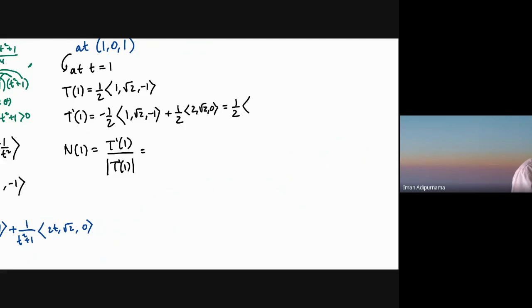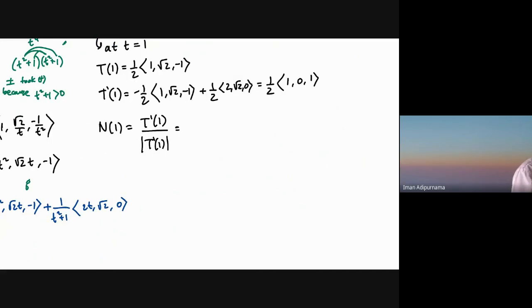Half 1, negative. Oh, this is back to, oh, yeah. Okay, so half 1, and this is the square root.